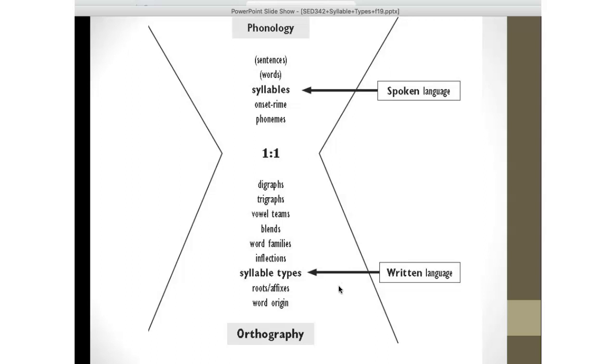We talk about syllable types, and syllable types is a way for students to break down longer words so that they can decode the words, or a way for them to spell longer words.